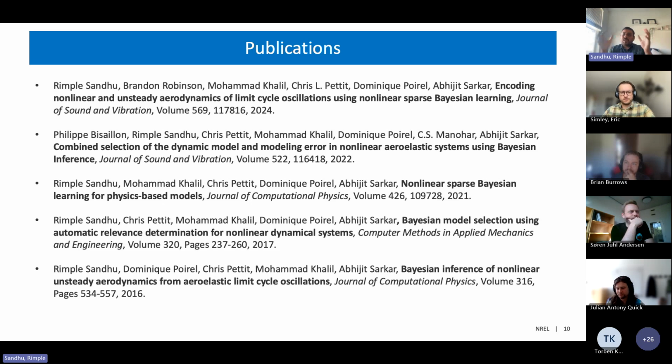If you have 10 models for your physics and 10 models for your error, you're going to end up with a lot of models by permutation and combination. You throw this at Bayesian model comparison, and that tells you, okay, this combination of dynamics plus your model error is the best out there.